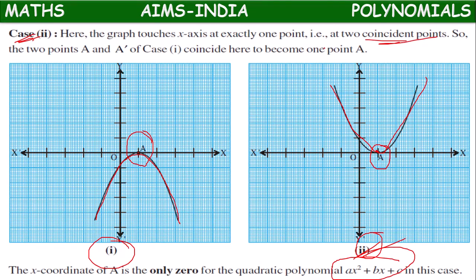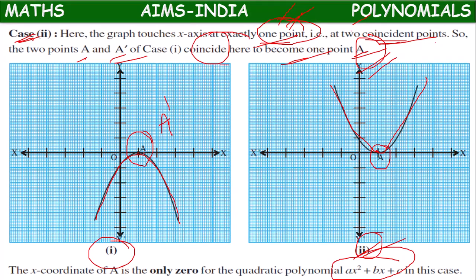Means 2 points coincide with 1 point, 2 coincident points. One point looks like one point only, or we can call that one point as 2 coincident points. The 2 points A and A dash coincide with one another to become 1 point as A. At the A point only, we also have A dash.